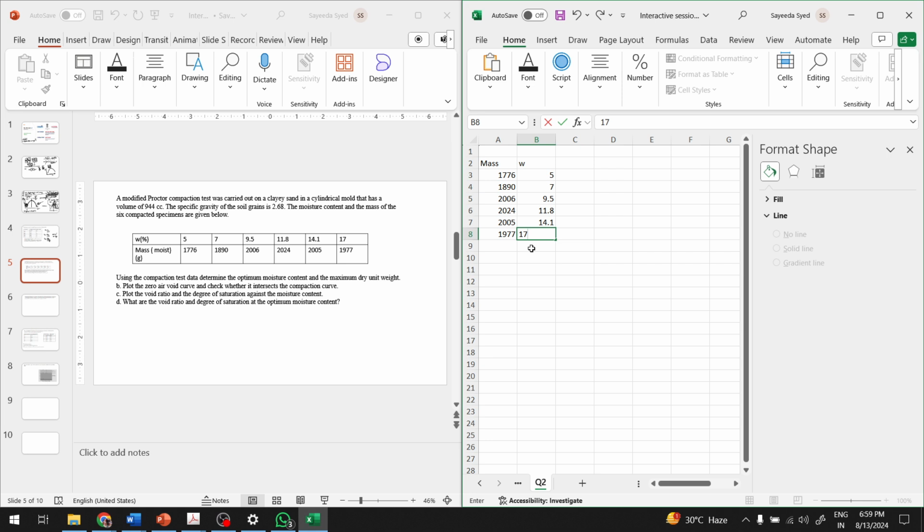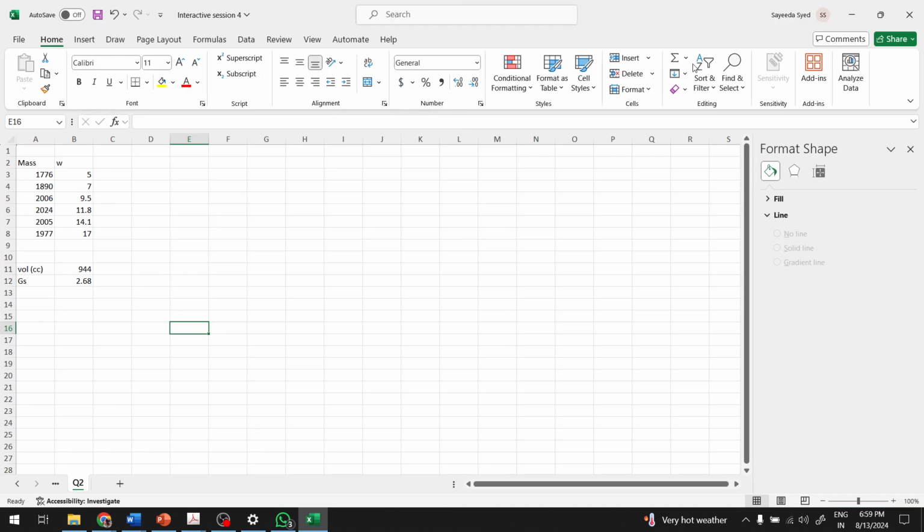Okay, so volume of mold is 944 cc. And the GS is given as 2.68. Zero air void line, void ratio, and the degree of saturation against moisture content. Okay, let's first try to do this.